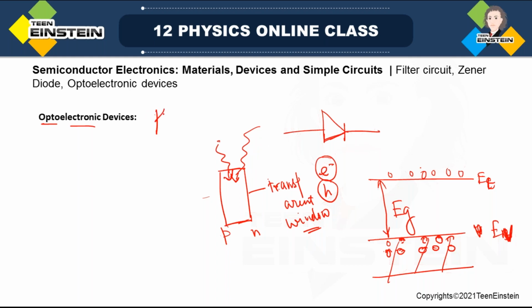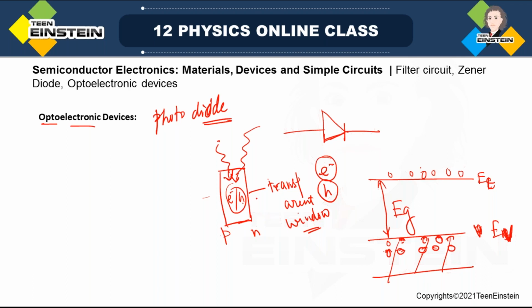There is the photodiode. When you shine the PN junction with light of suitable energy, the photodiode creates electron-hole pairs, and they will conduct so that you get some current through this junction.